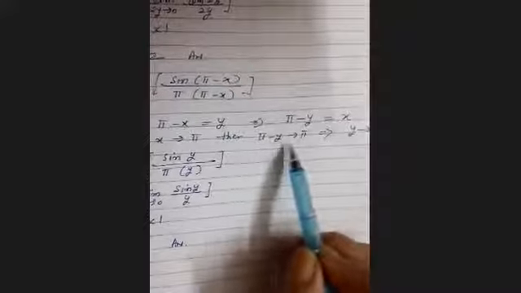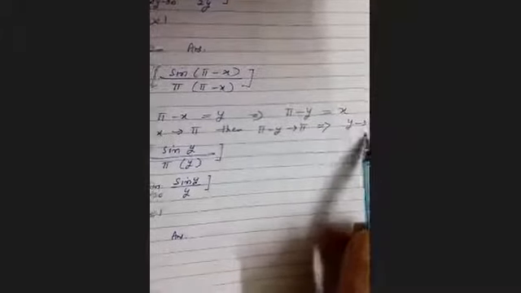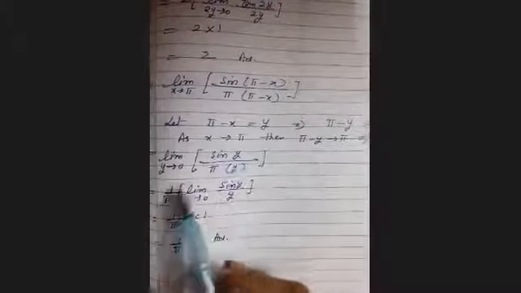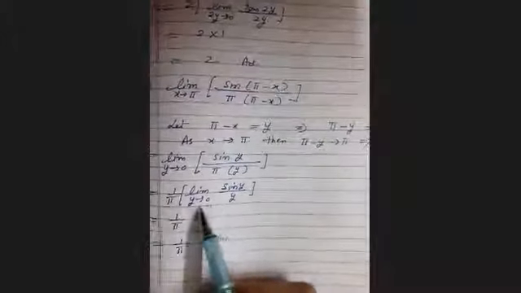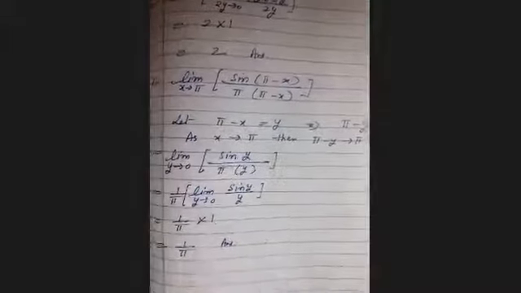Pi minus y tends to pi. Pi cancels. Minus y tends to 0. Multiply by minus on both sides. It will become y tends to 0. Means the limit is changed. The limit is y tends to 0, and pi we are taking out from the limit, and therefore by applying this limit it will become 1. Therefore 1 upon pi is the limit of this function.